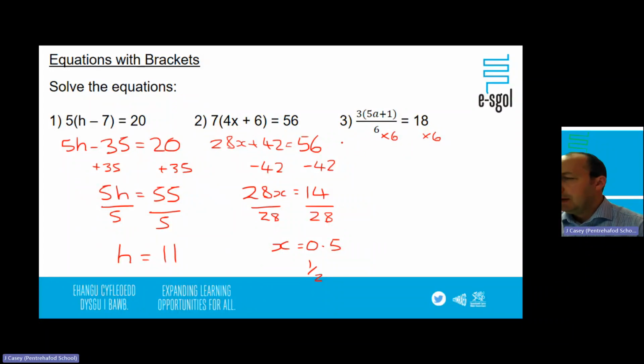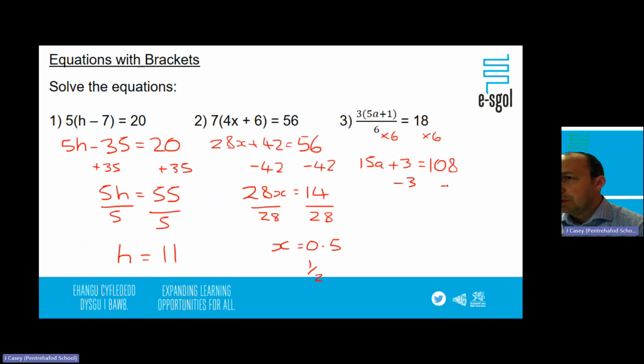But at the same time, because I haven't got a lot of space on the screen, I think I'll expand the bracket. So 3 times 5a is 15a. 3 times 1 is 3. And remember, I've timesed this 18 by 6 already, so that gives me 108. And then that's kind of my starting point of my two-step equation.